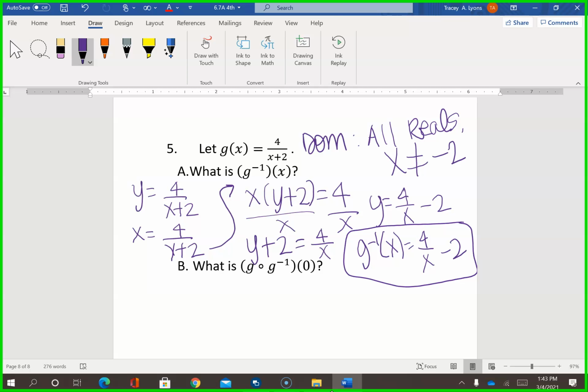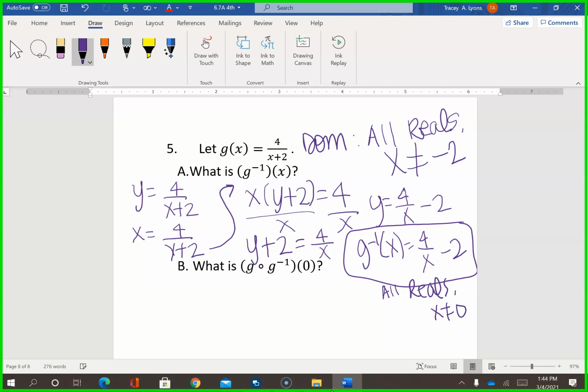Would there be a restriction on that one? The 4 divided by x part, what number can you not have? That would be negative 4. We can have that. What number can you not have on the bottom? 0. So basically it's everything except for 0. X cannot equal 0.